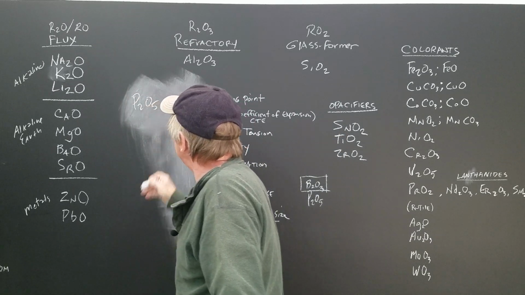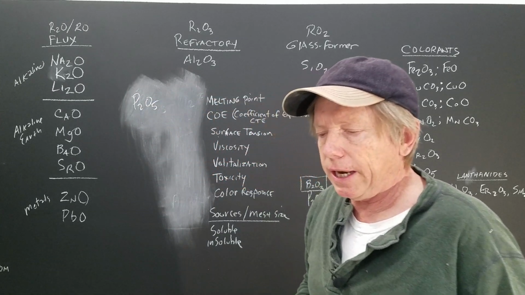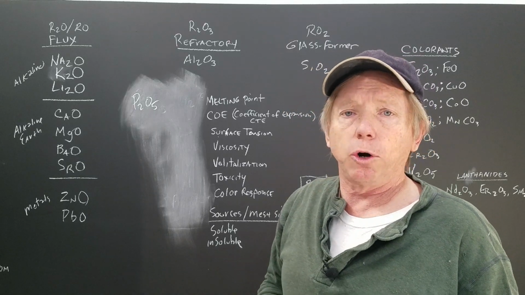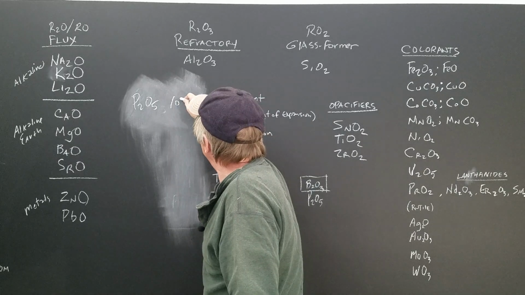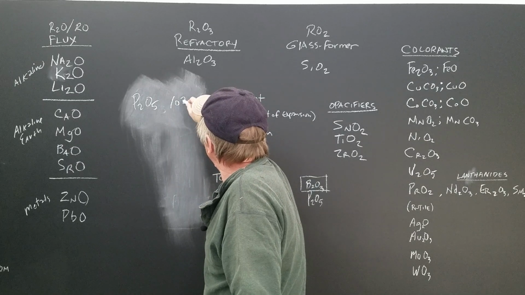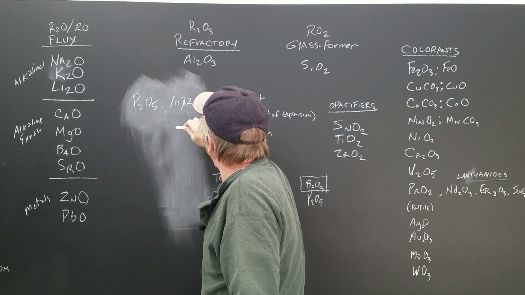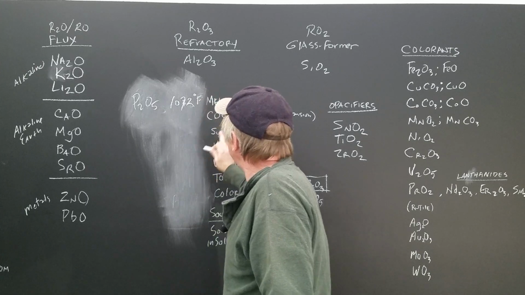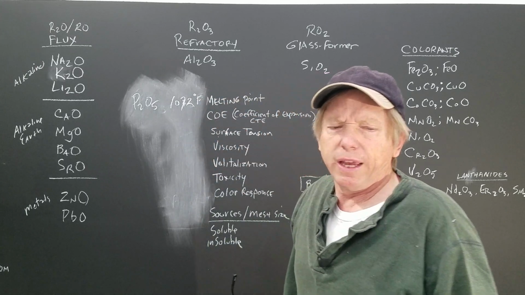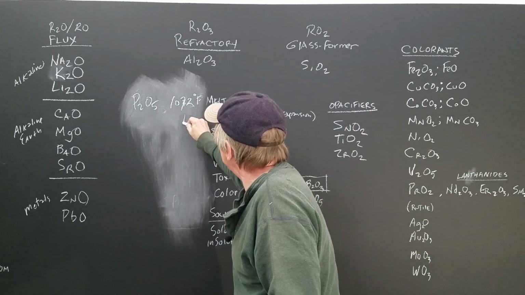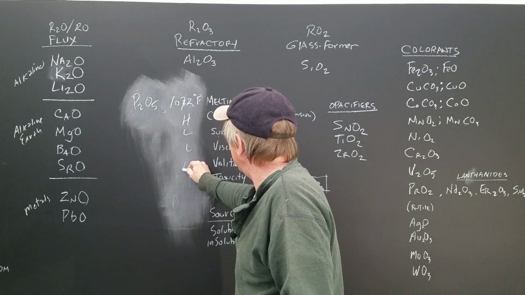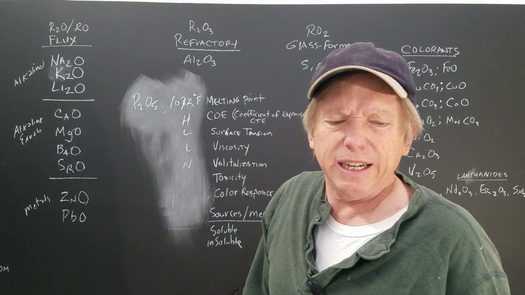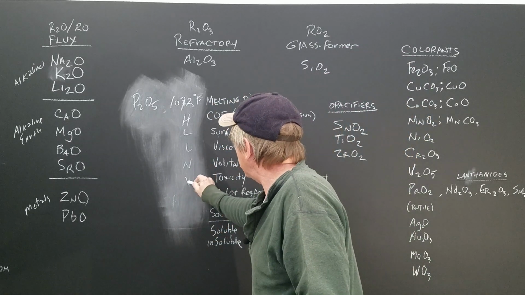P2O5. This is in plant ash, and tricalcium phosphate or bone ash. Okay, it melts at 1072. It's also a glass former. It has a high coefficient of expansion, low surface tension, low viscosity, does not volatilize. It is somewhat toxic.